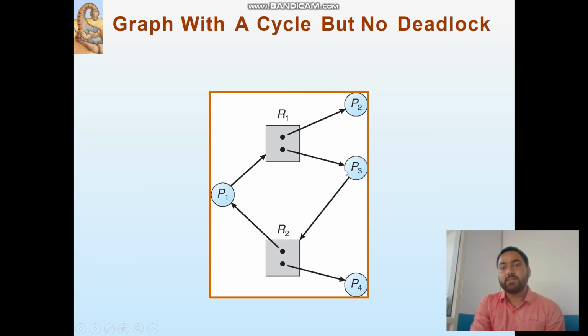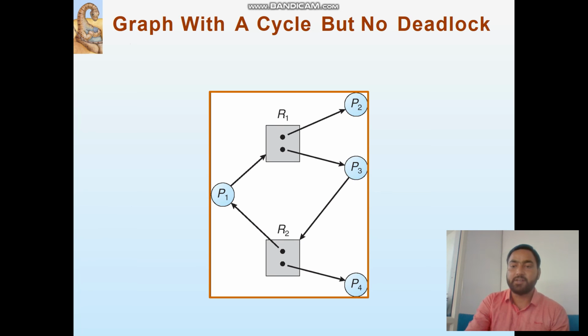Similarly, process P3 is assigned resource R1 and is requesting resource R2, but one instance of R2 is given to P1 and another instance is given to process P4. Now process P4 doesn't require any further resources to complete, so it will complete its execution and free up resource R2, and it will be assigned to process P3, and all the processes will be completed successfully.